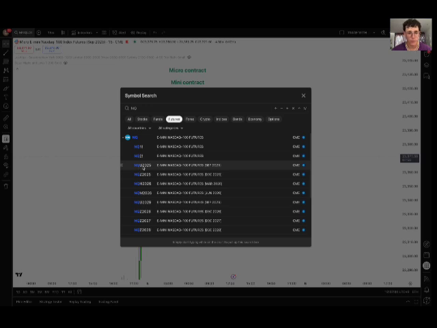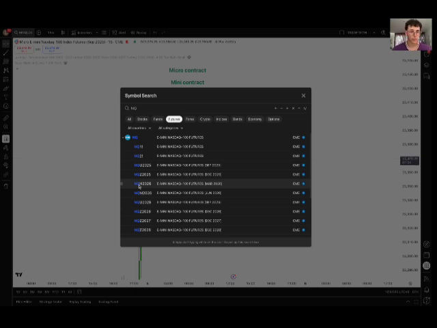The U represents the month, okay? Because we have expiry months. Sometimes we have NQU, sometimes Z, sometimes H. For example, for the September contract, it's U. For the December contract, it's Z. For the March contract, it's H. But the first two letters always stay the same because they represent the mini contract.